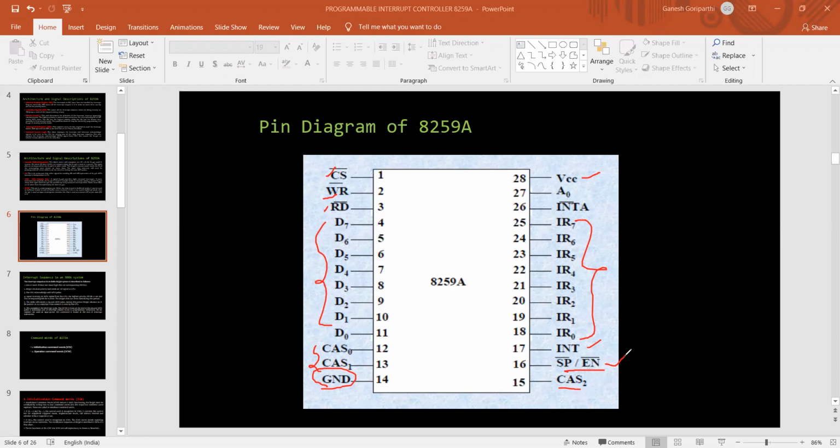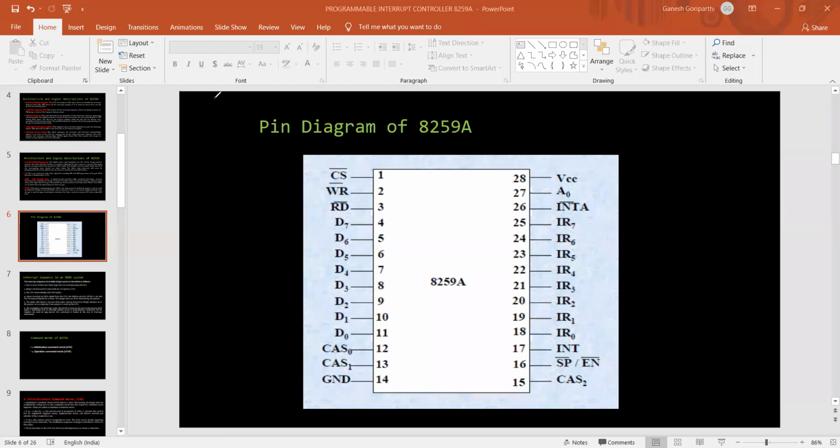So that is about the pins. These are all the things we have already seen in the architecture itself. Hope everything is clear. You have to remember one thing here: it is just a 28 pin chip. That's it about the pin diagram.